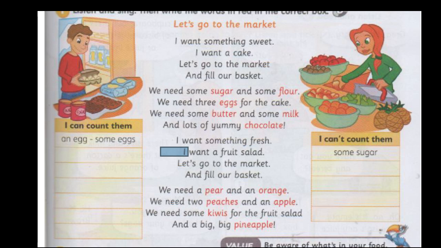We need some butter and some milk and lots of yummy chocolate. I want something fresh. I want a fruit salad. Let's go to the market and fill our basket. We need a pear and an orange. We need 2 peaches and an apple. We need some kiwis for the fruit salad and a big, big pineapple.